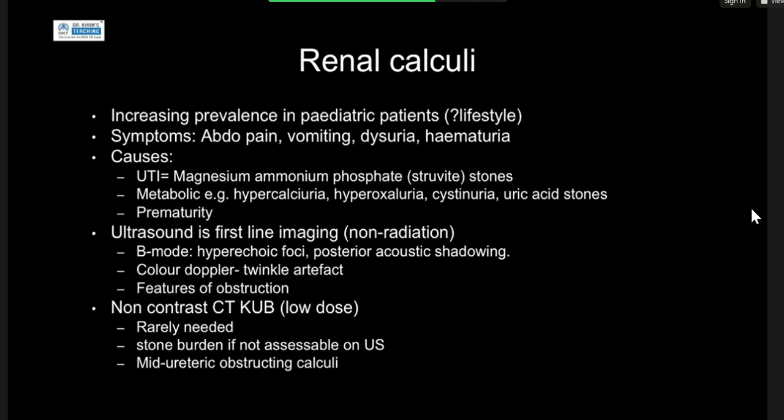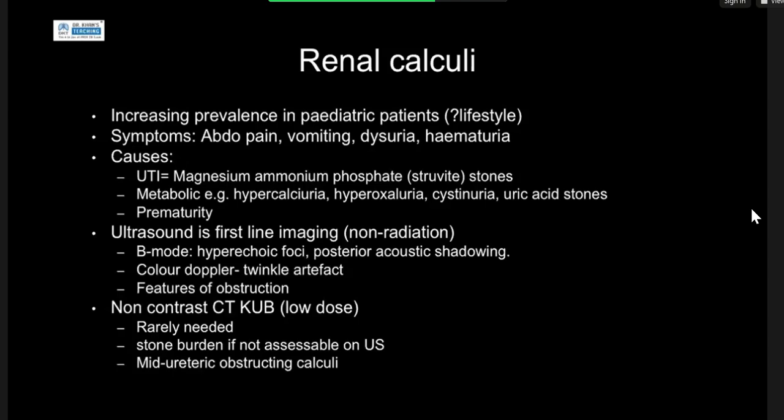We rarely ever need to do a non-contrast CT-KUB in pediatric patients because we can often see where the stone is obstructing, but sometimes the mid-ureter we don't see very well in children. So if we have a dilated kidney, we see evidence of renal calculi, or there's a strong suspicion of renal calculi, but we can't see the obstructing stone, we will then go on to do a KUB to look for that one.